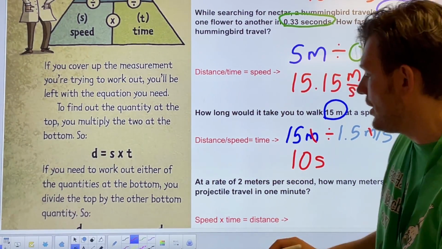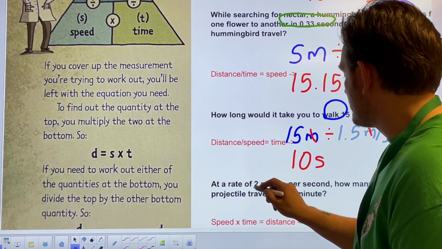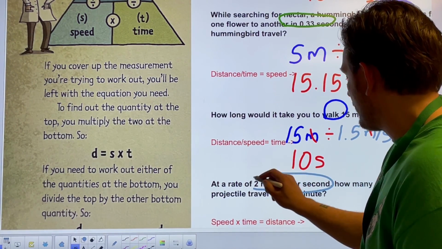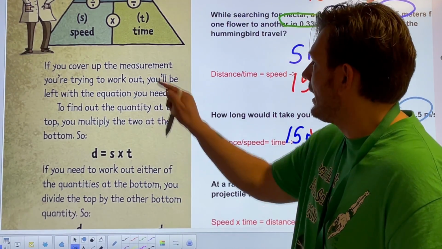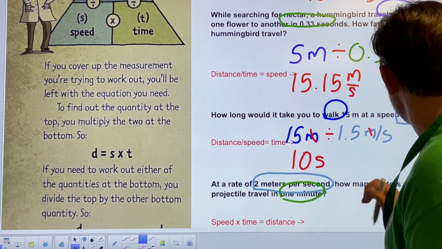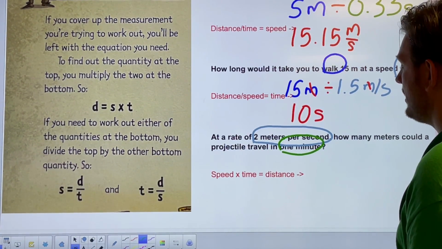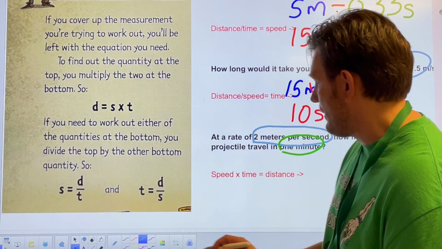So one thing I do know is I know the speed, okay? Because it says 2 meters per second. I'm gonna circle that. What else I know is I know the time, okay? The time is 1 minute. 1 minute is also known as 60 seconds. So if I scroll down here, speed multiplied by time will give me the distance. So I will do my speed.